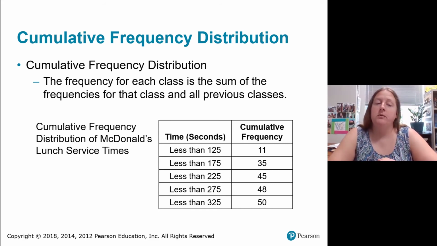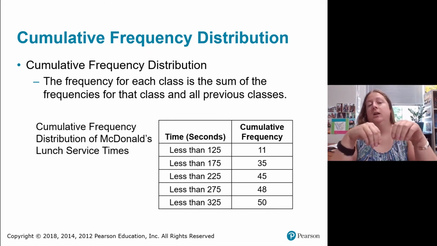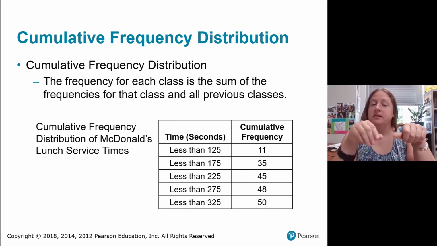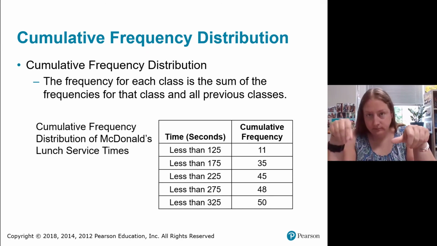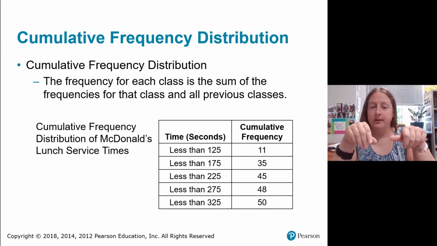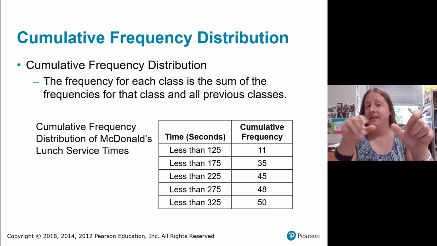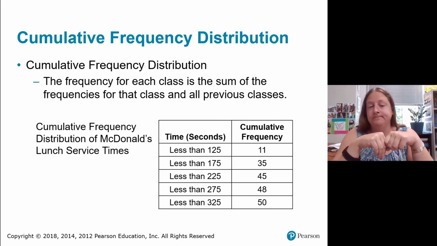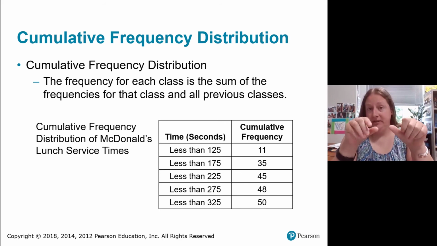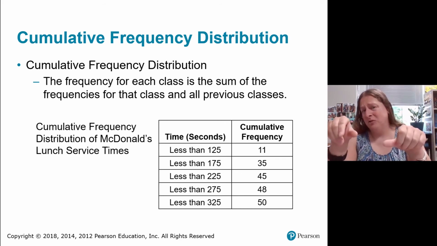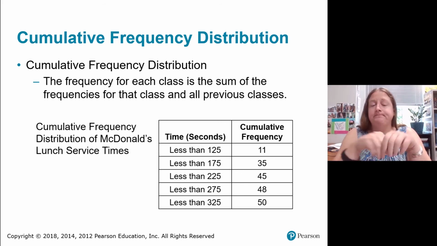All right. So what we do for this is we change all of our classes to be less than the lower limit of the class after it. So less than 125 for the class that used to go up to 124, and then less than 175 for the class that used to go up to 174.